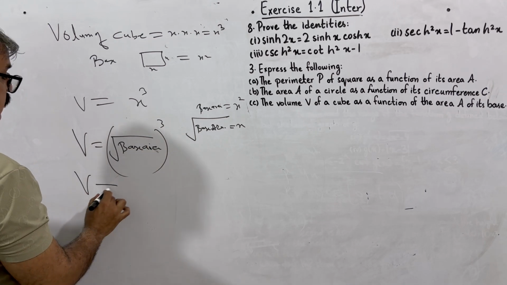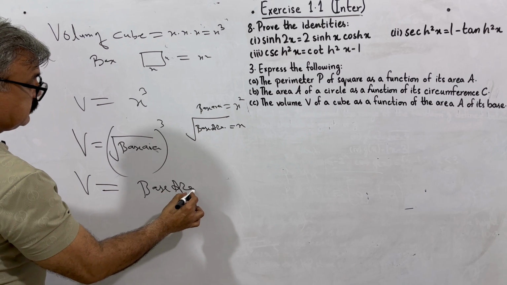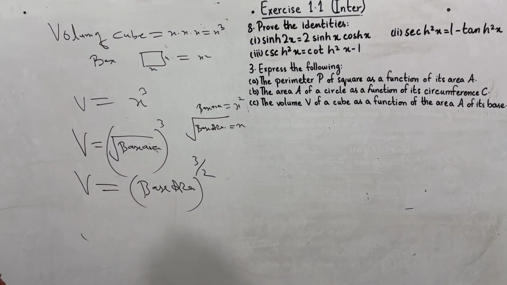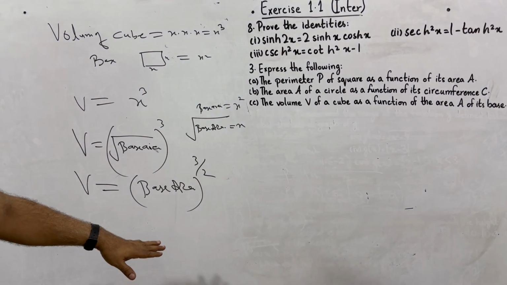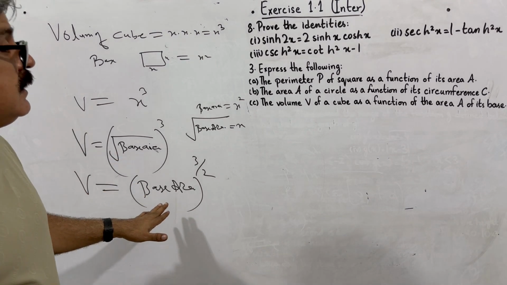One can write V is equal to base area to the power 3 over 2. That means we have expressed the volume of a cube as a function of its base area.